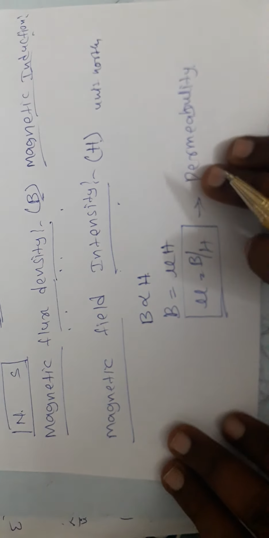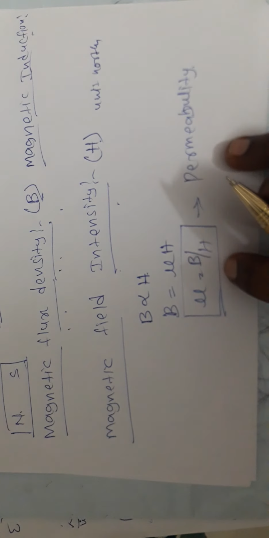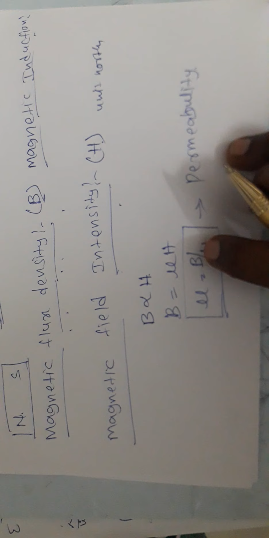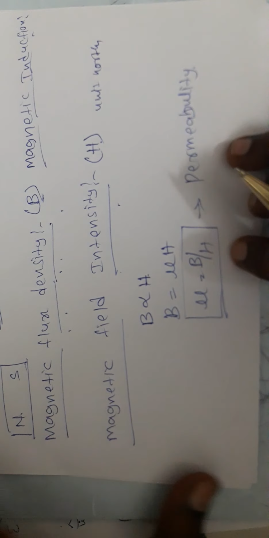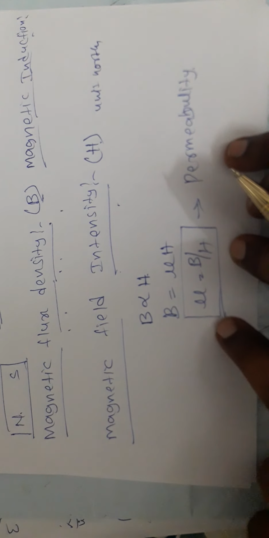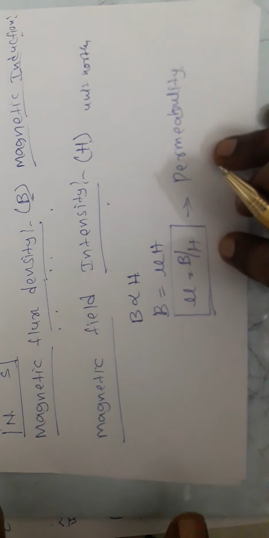In electric we discussed permittivity. Here mu is the permeability, the ratio between magnetic flux density and the magnetic field intensity. Now similarly here also mu, mu naught, mu r are there, as epsilon naught, epsilon r in electric.